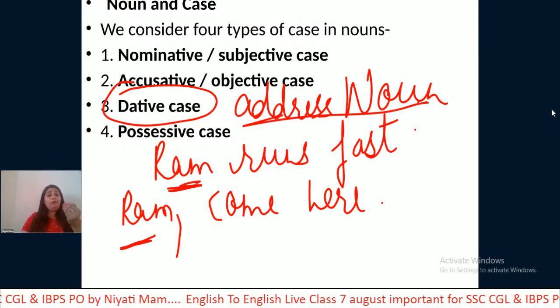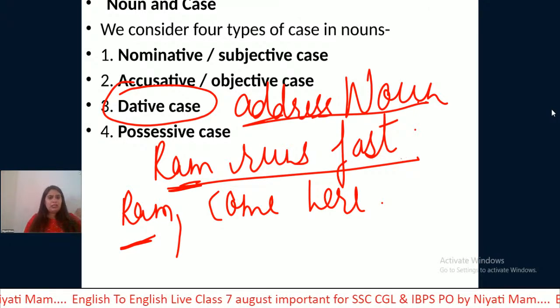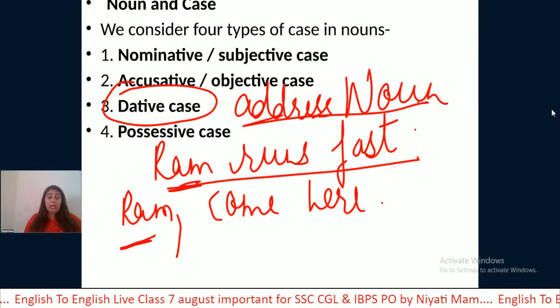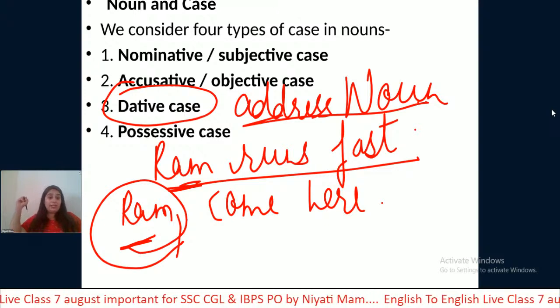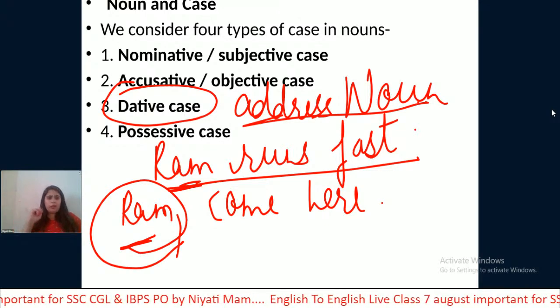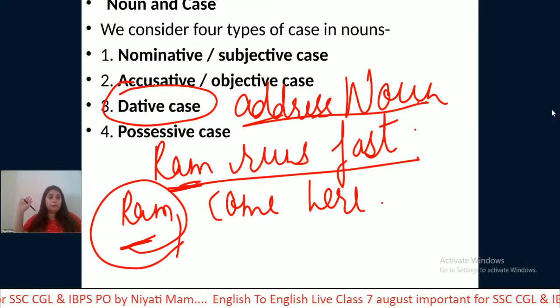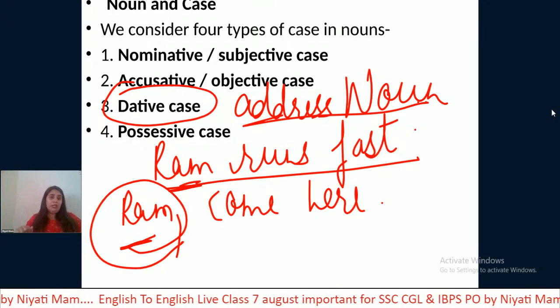So in the same way, in the first sentence, there are chances that Ram is not in front of me. But in the second sentence, I'm calling Ram by his name, and he is standing or sitting in front of me. And this is what dative case is going to define in noun.